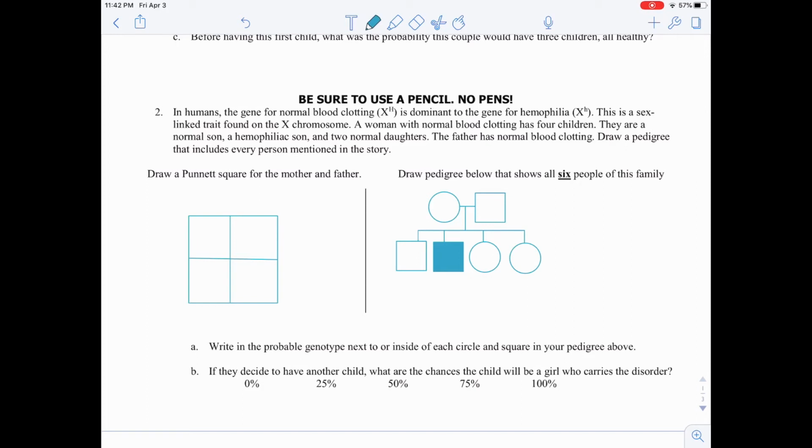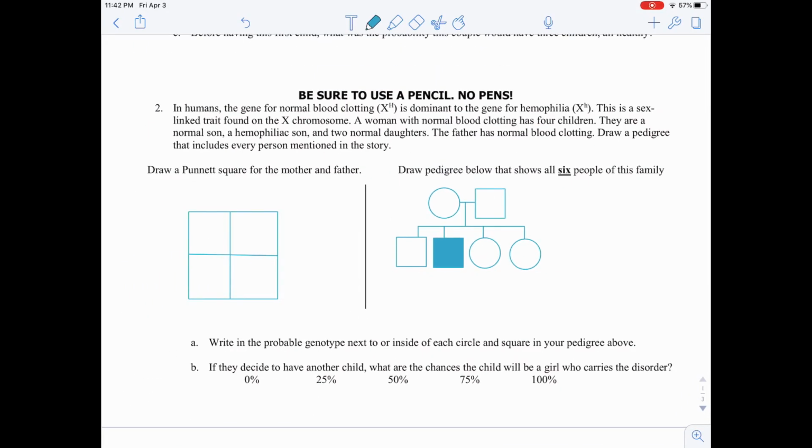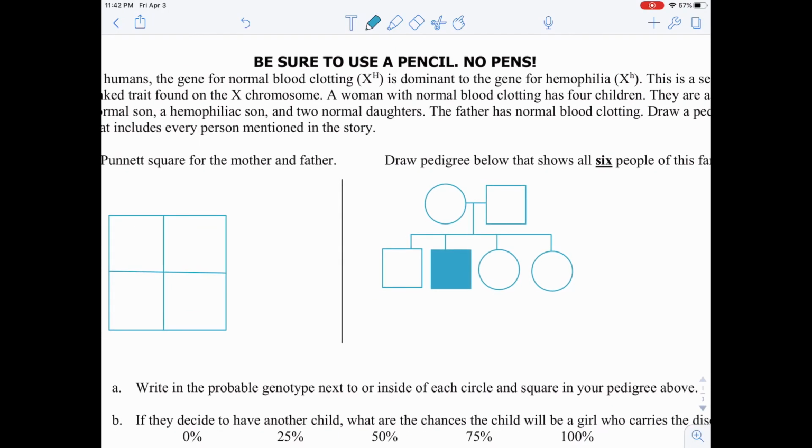So, both of the parents have normal blood clotting, but we know that since one of their offspring has hemophilia, one of them has to be a carrier. And the dad cannot be a carrier because if he was a carrier, then he would be a patient himself. So the mom will have to be a carrier of hemophilia.